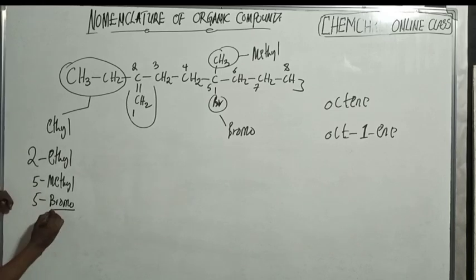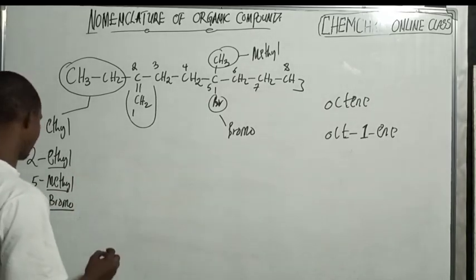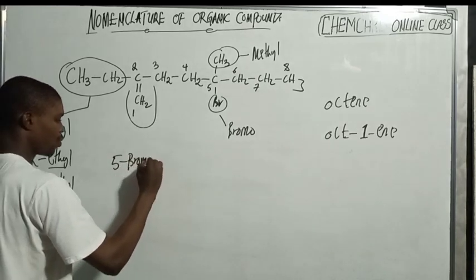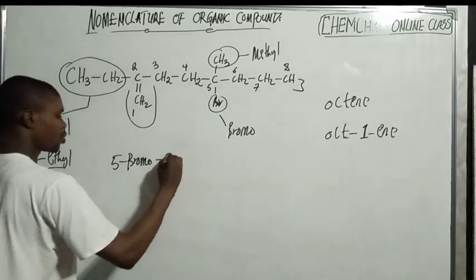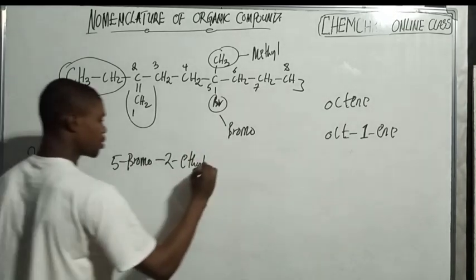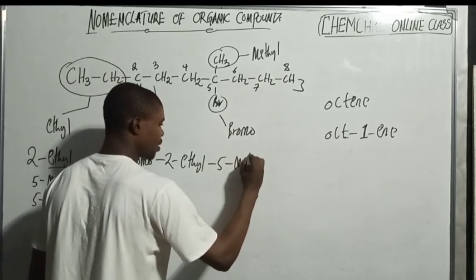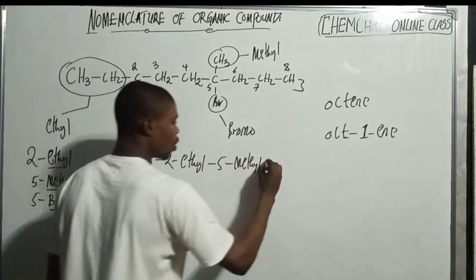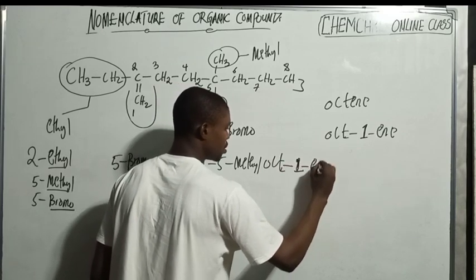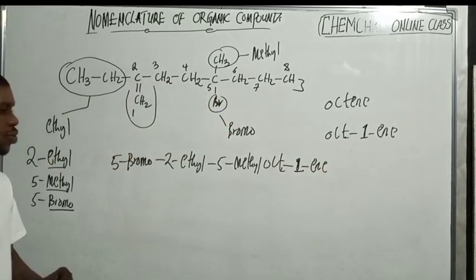B comes before E and E comes before M, so arrange it alphabetically. Here we have 5-bromine, then 2-ethyl, then 5-methyl, then oct-1-ene. So that is it.